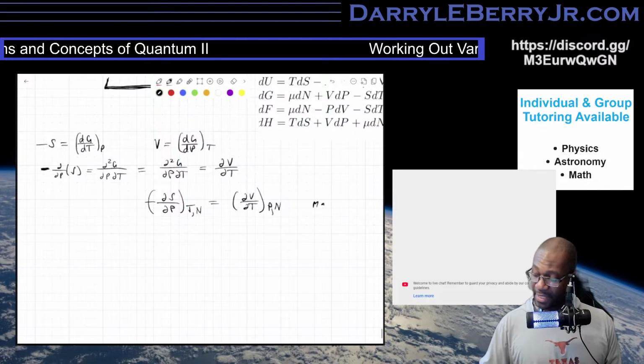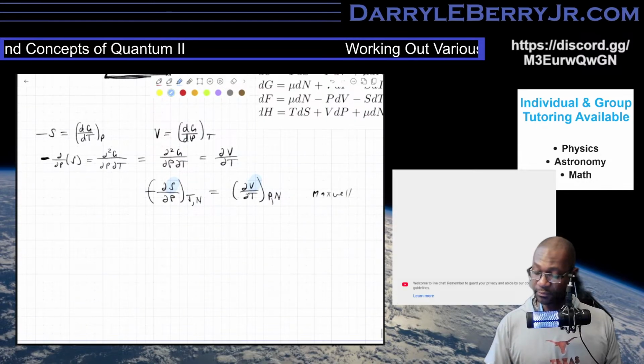So this is called a Maxwell relation containing entropy and volume. So like I said, pretty fast for that one.